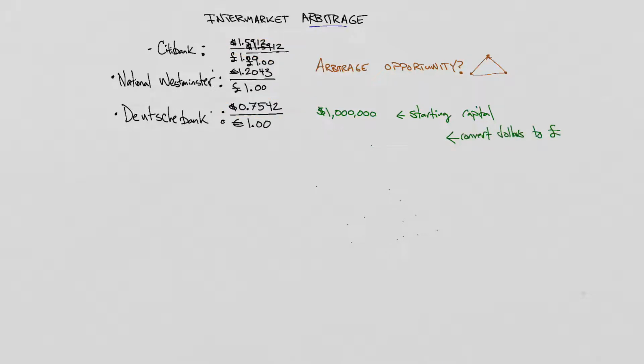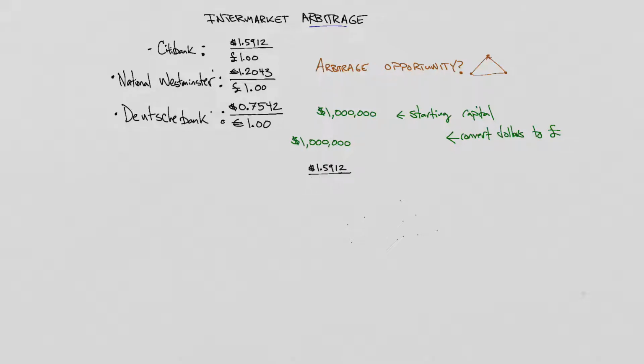So if this is the rate, then that $1 million multiplied by that exchange rate is going to give us, from dollars into pounds, an amount which should be less than $1 million. Because if 1 pound buys $1.59, then if we're going from dollars to pounds, we should have something less than that.